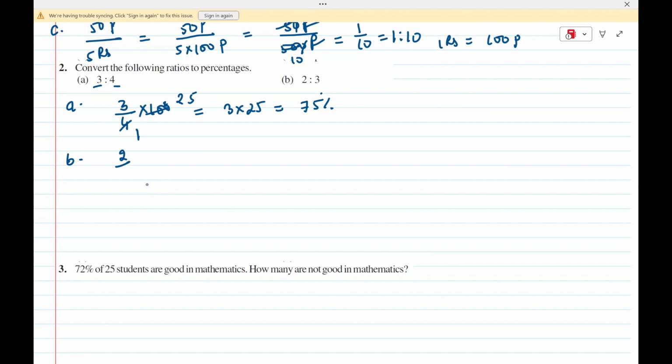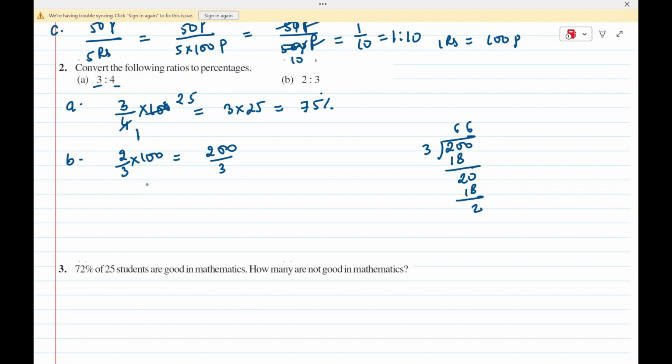Now same way, second question. Here I have 2 by 3 into 100. So that is 200 divided by 3. As there is no cutting, you can divide 200 by 3 to convert that into mixed fraction. So 3 6s are 18, remainder 2, then 3 6s are 18, again 2.